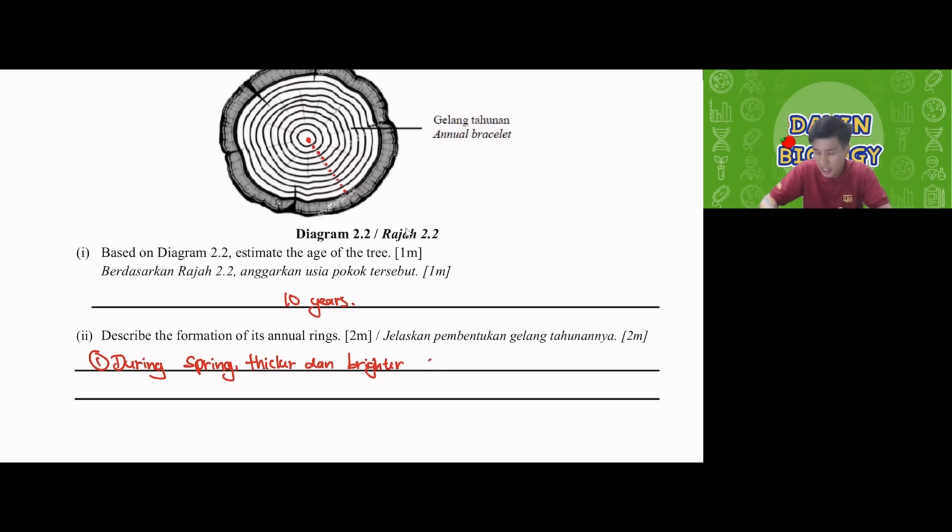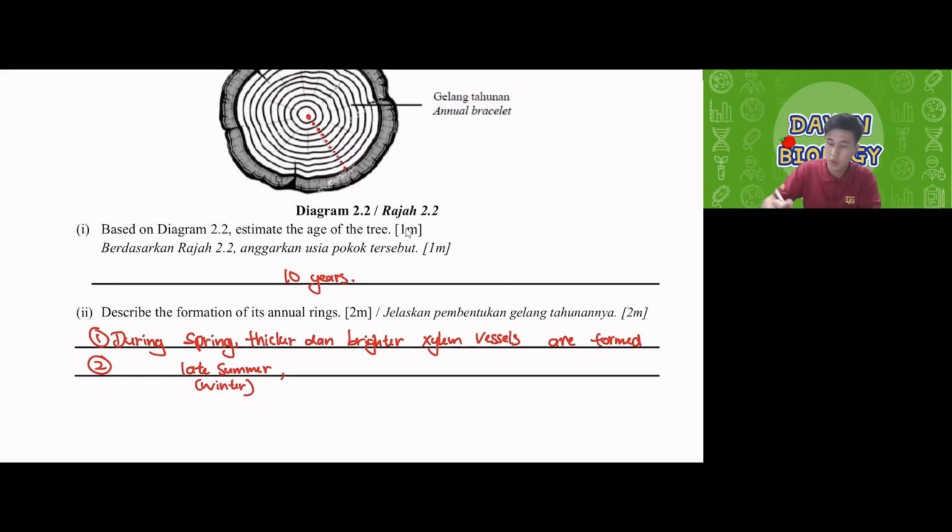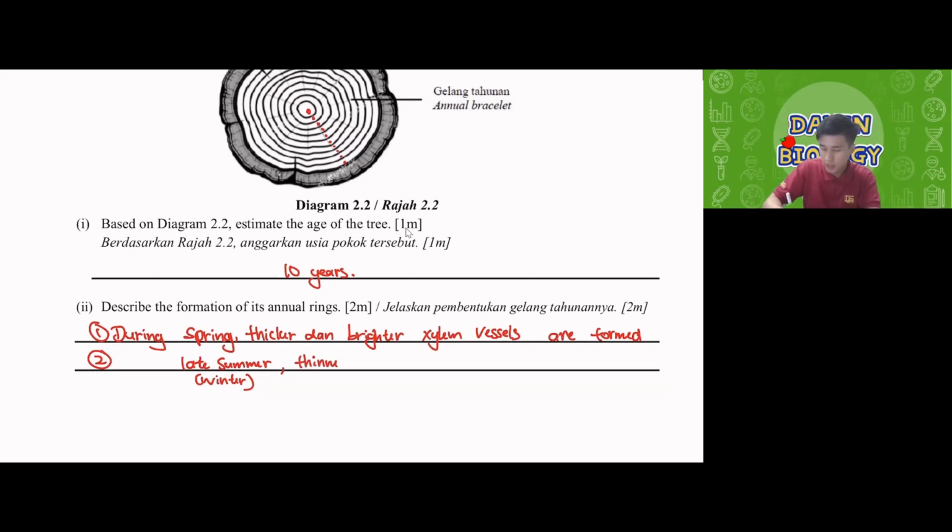That is xylem vessels. Sorry, reminding you one more time: not rings, must say xylem vessels. For the rings, for the sake of following the textbook, we write late summer, not winter. So for rings, we write late summer instead of winter, but the correct one is supposed to be winter. Okay, so the opposite: thinner and darker xylem vessels are formed.